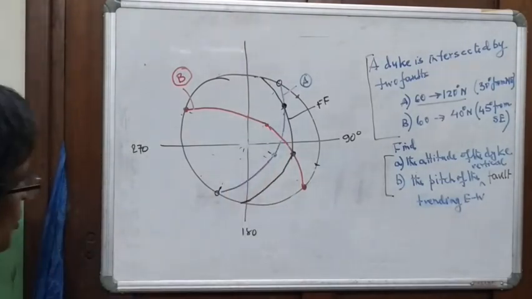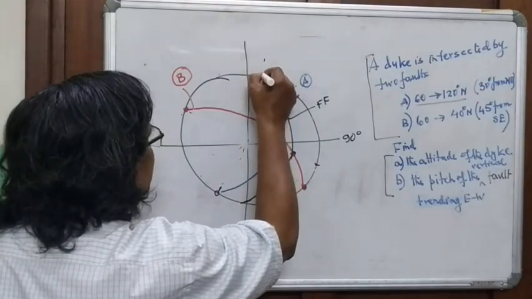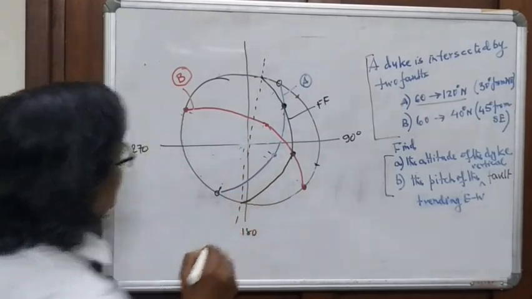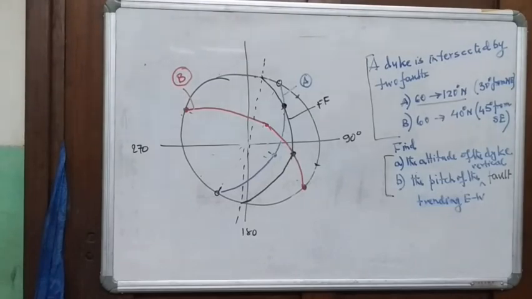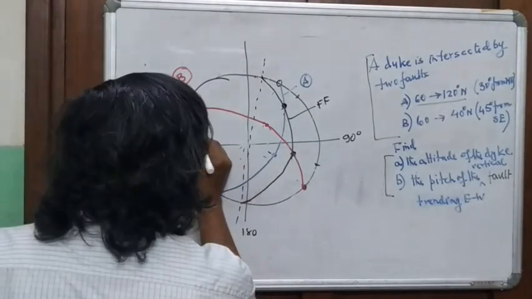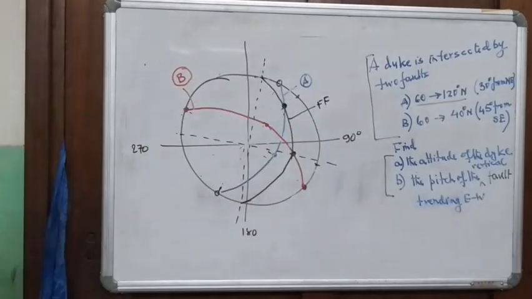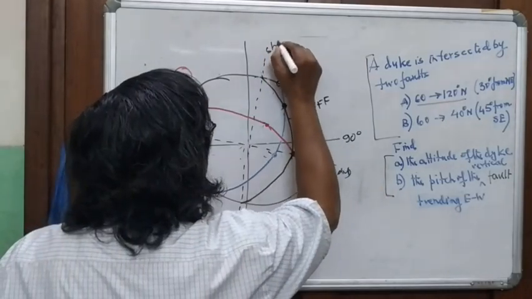How is its attitude? We can draw it. If I draw this, then this is the strike line of the fault plane, and 90 degrees to it is the dip line.